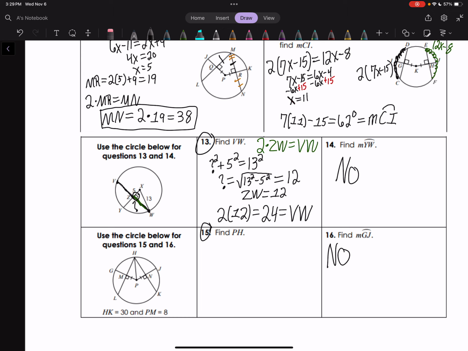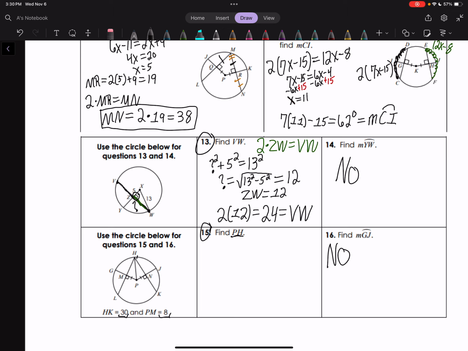All right, last one. Number 15. Use a circle below for the question. Notice at the bottom it says HK is equal to 30, PM is equal to 8. So, I have find PH.